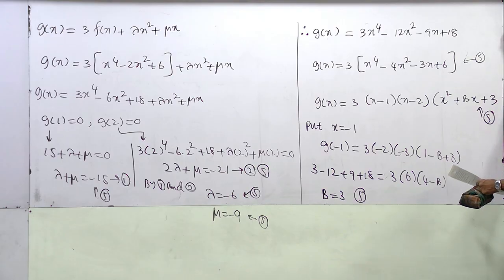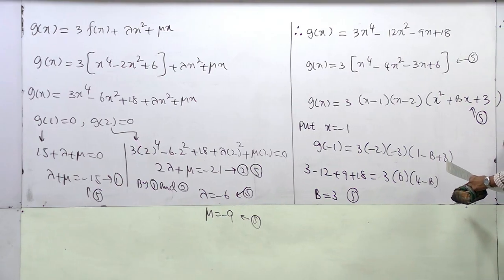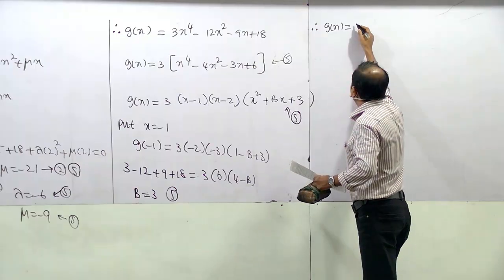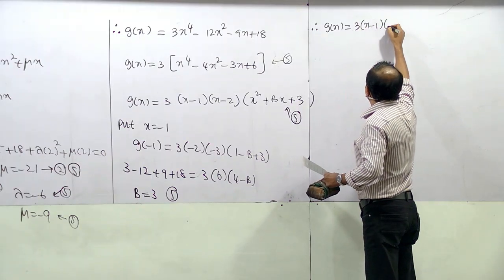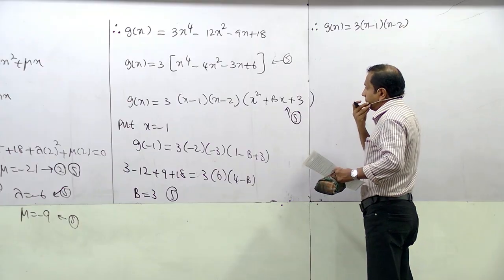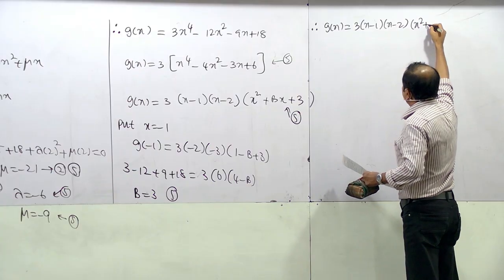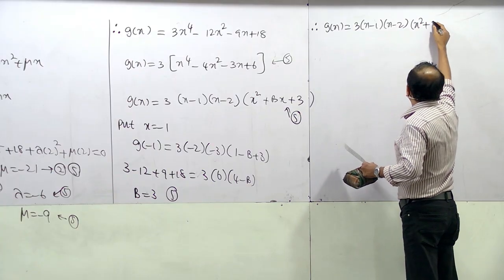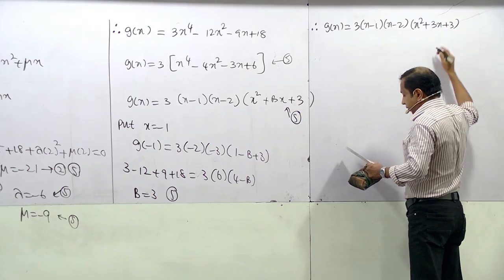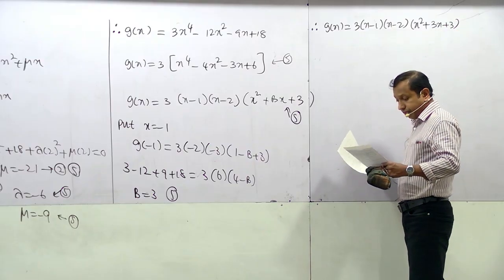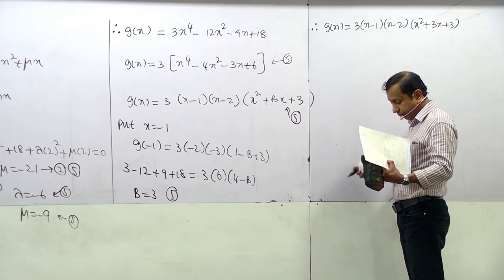Then you know this b also. Therefore I can write g(x) equals 3 times x minus 1, x minus 2, x squared plus bx plus 3. x squared plus bx, b is 3, no? x squared plus 3x plus 3. This is the factor. Okay, this is a factor.